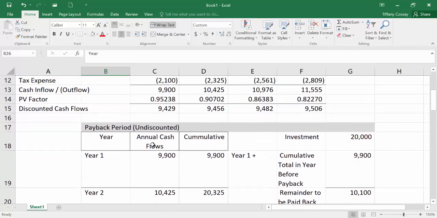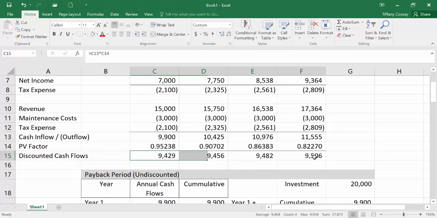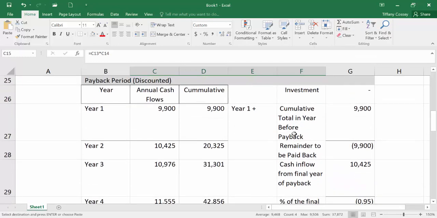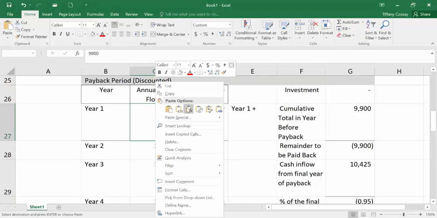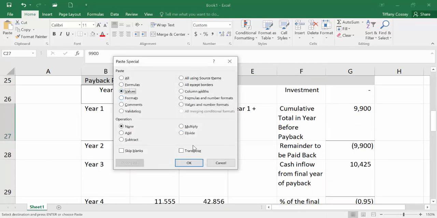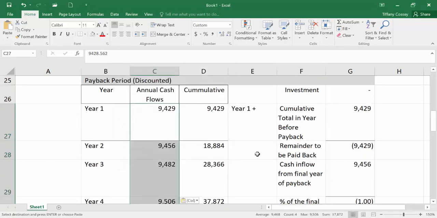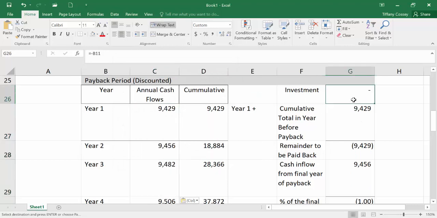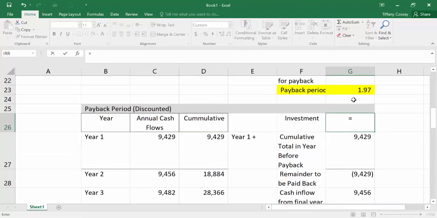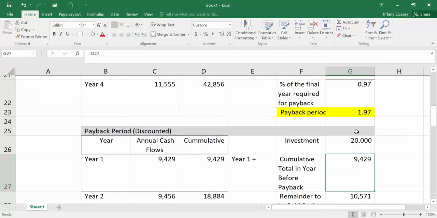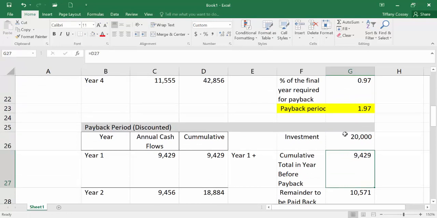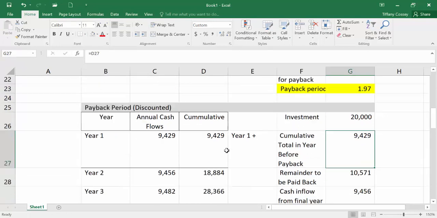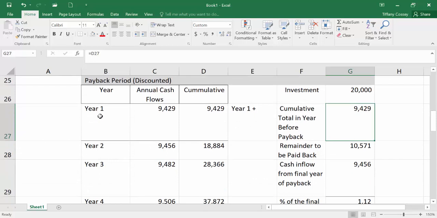Then I will come back up here and I'm going to grab the discounted cash flows and replace my annual cash flows with those. And the investment is 20,000.